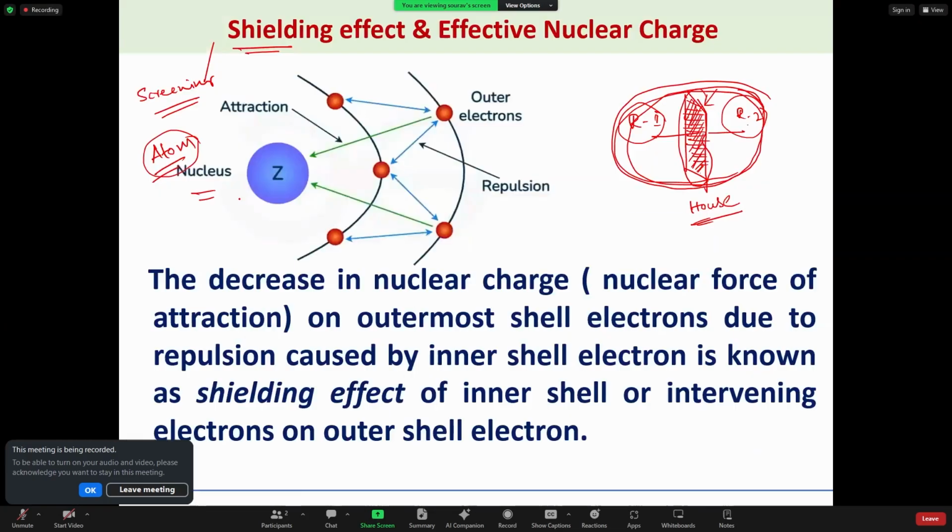This is the nucleus, which is always positively charged, because the nucleus has protons plus neutrons. The proton is always positively charged, and there is the electron, which is always negatively charged.